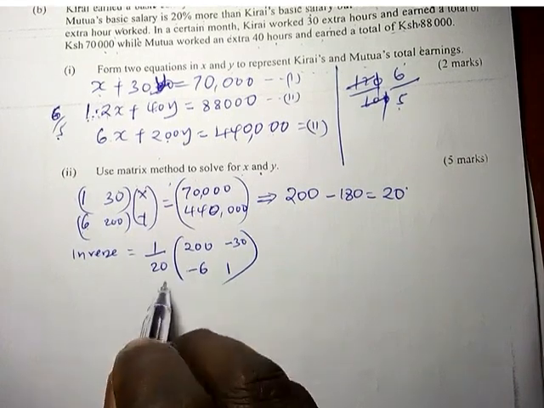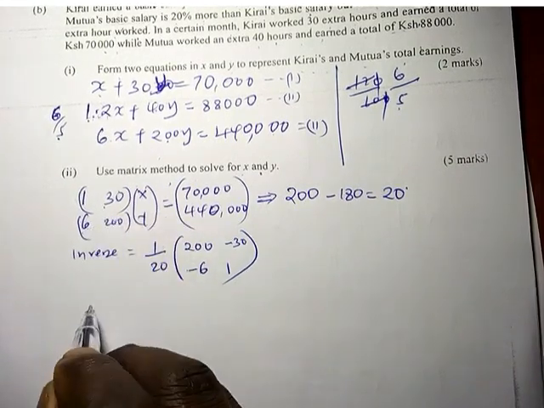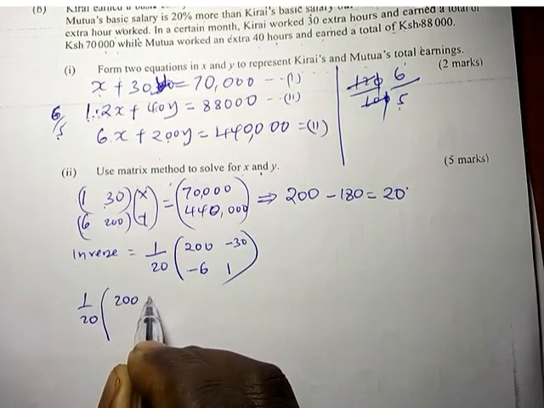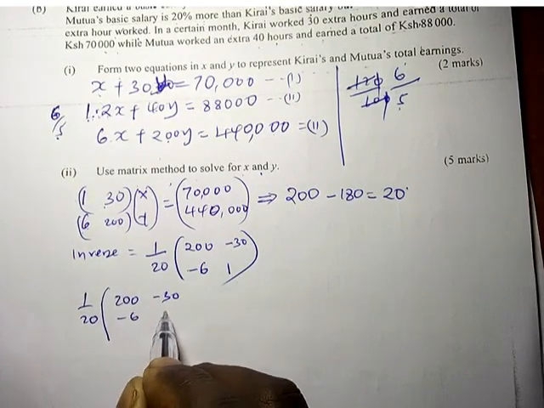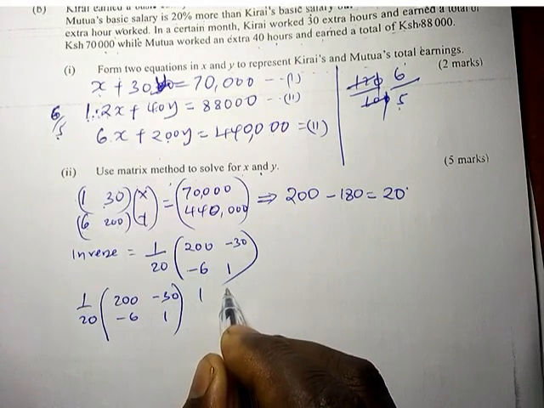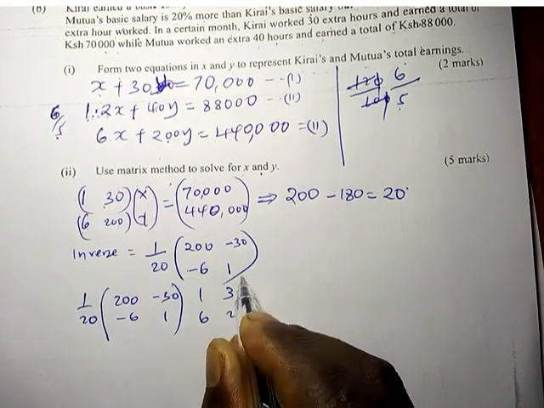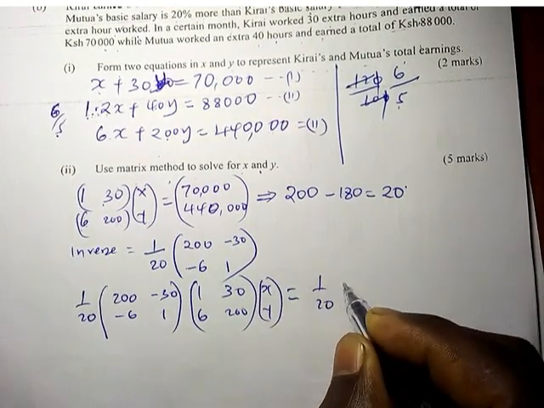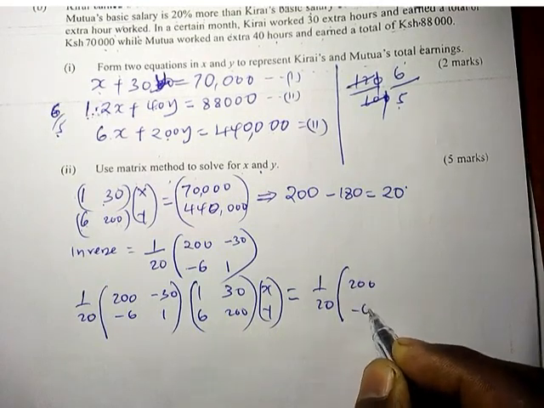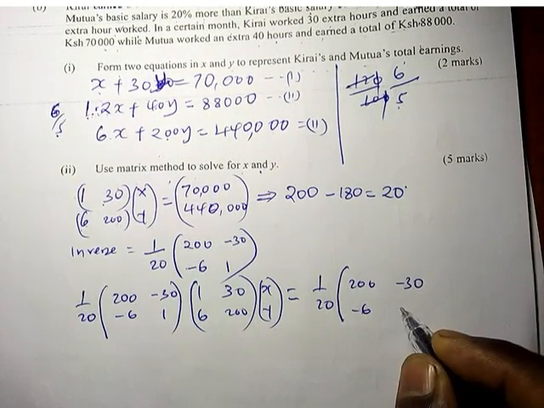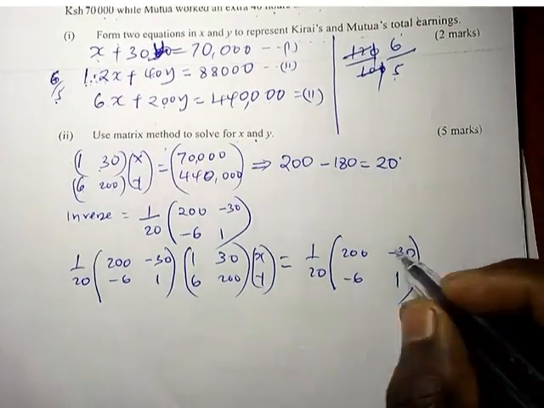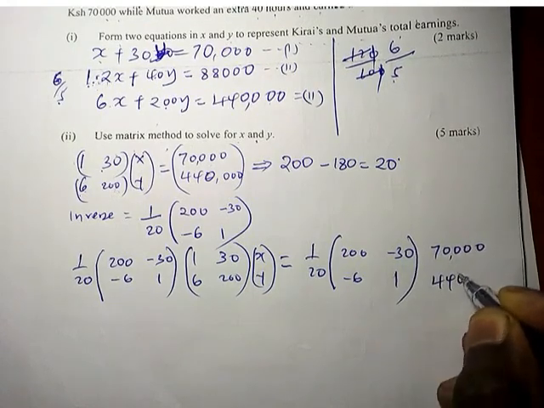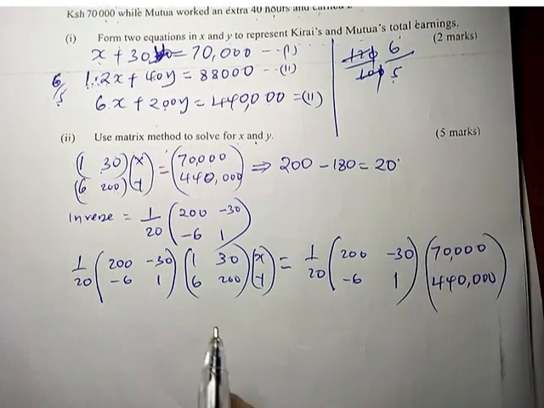So this inverse, you multiply the inverse with this. We will have 1 over 20, which is the inverse, into 200, -6, -30, 1, times 130, 6, 200, and xy will be equal to 1 over 20 into 200, -6, -30, 1, and this one will be 70,000, and this one will be 44,000.